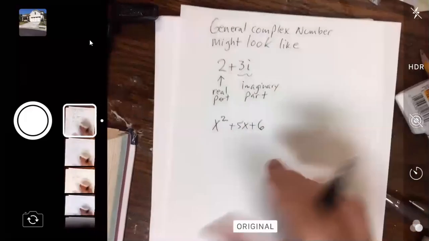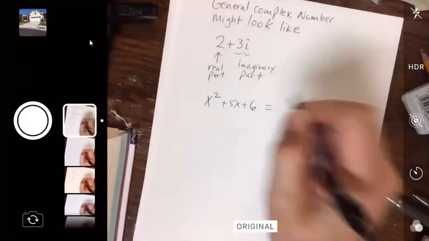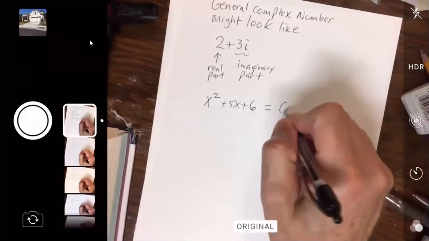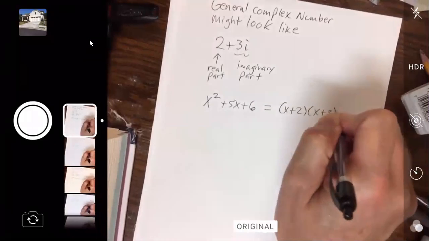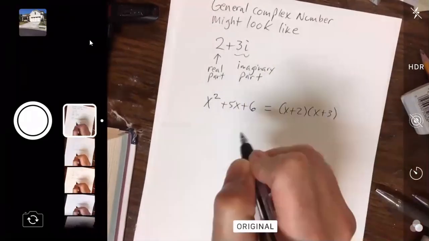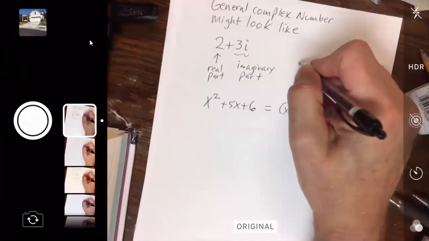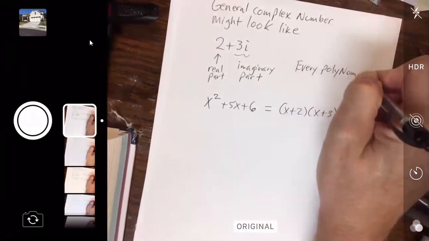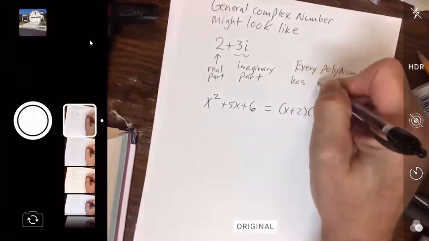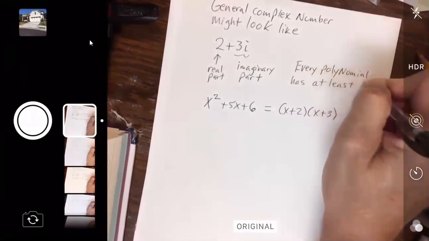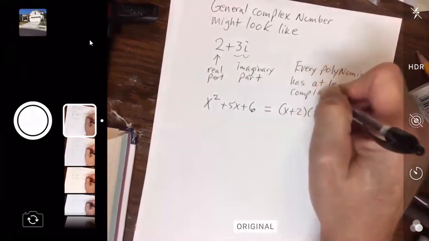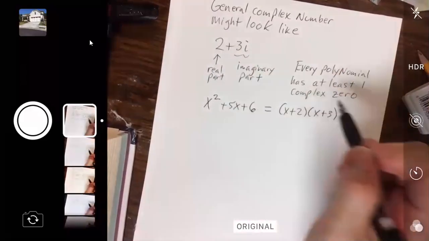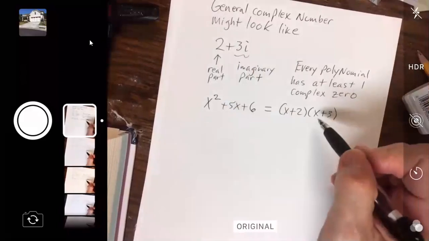Hopefully you're familiar with something like that, and with how to factor it: x plus 2, x plus 3. It's saying every polynomial has at least one complex zero. A number that looks like this but makes it zero. Well, where is it on something like this?